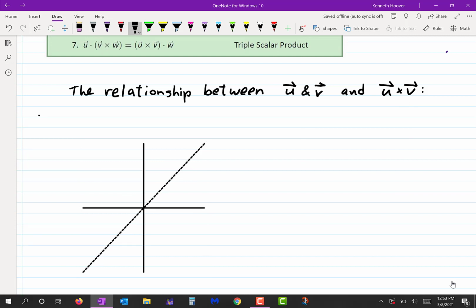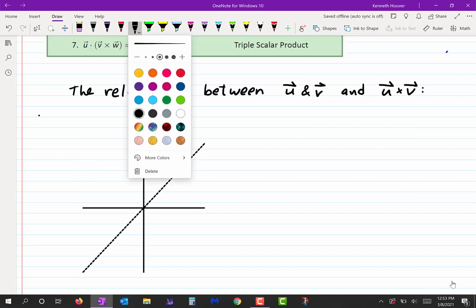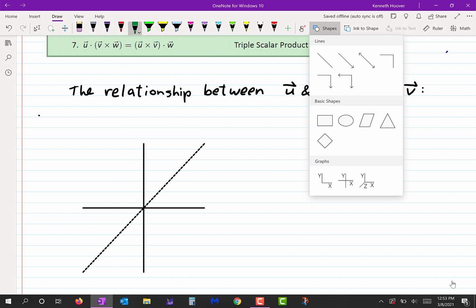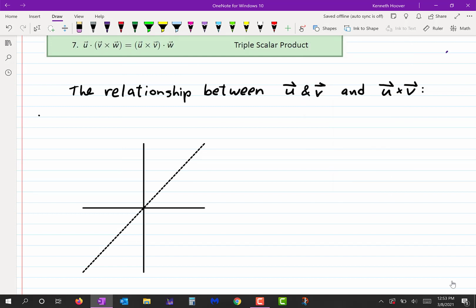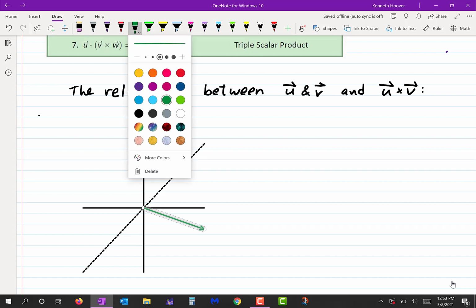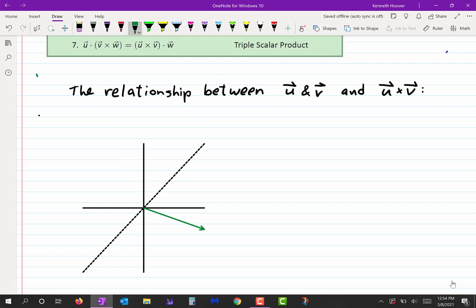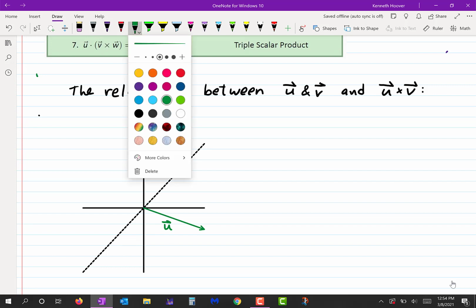Okay, now let's draw a vector and let's call that u. And let's draw a vector for v. Let's make that one magenta.